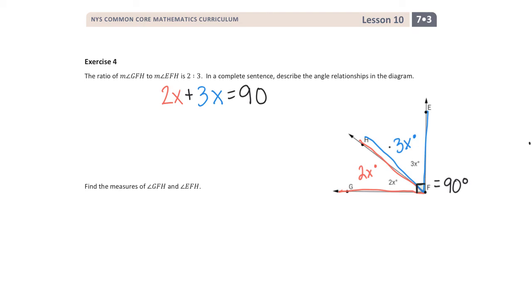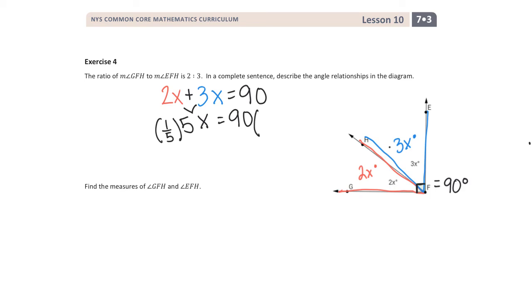Now let's go ahead and combine our terms. 2x plus 3x is going to give us 5x. So now I have 5x equals 90. To get x by itself, I'm going to multiply 5 by its multiplicative inverse. The multiplicative inverse of 5 is 1/5.